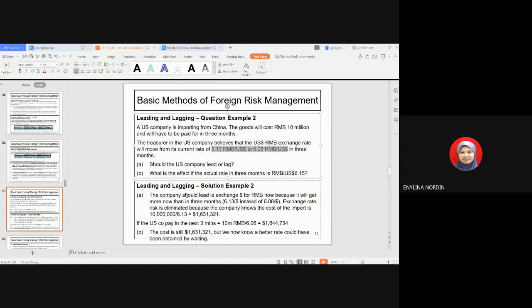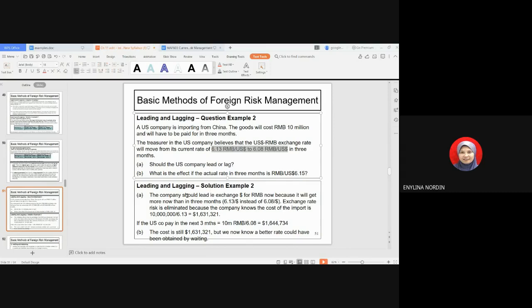The US company has to pay more dollars to pay for 10 million RMB imports. The value of the import is 10 million, so to pay the 10 million RMB to the China supplier, there will be more dollars. Okay, so then how to minimize this risk?